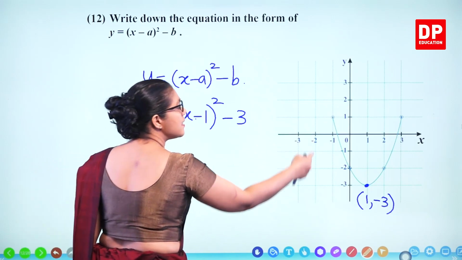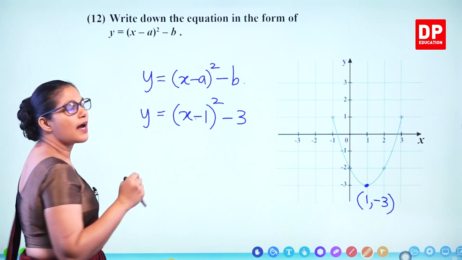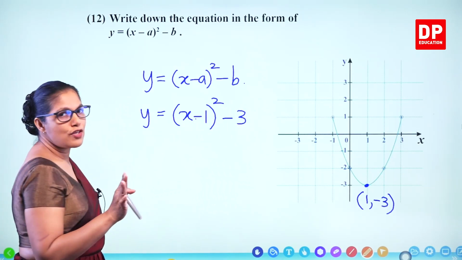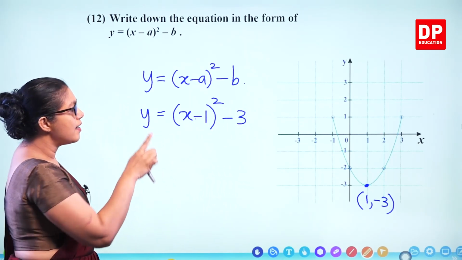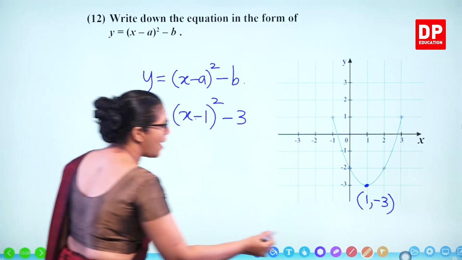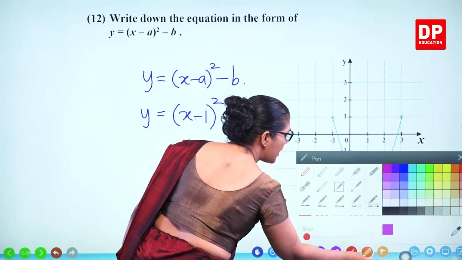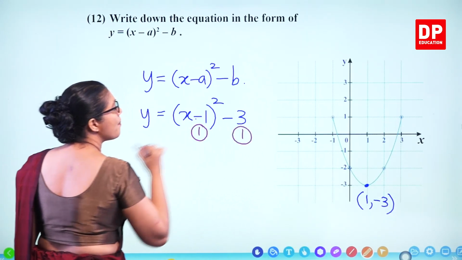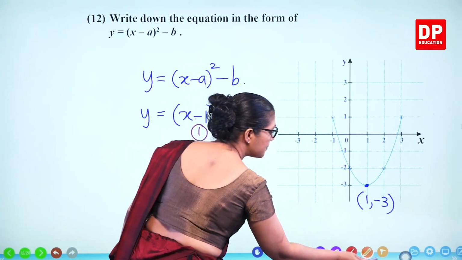If you get a negative x value, this becomes positive, but this value is not changing. Whatever you get there, you get that number here. So 2 marks for identifying the correct equation, 1 mark and 1 mark. So 2 marks for that.